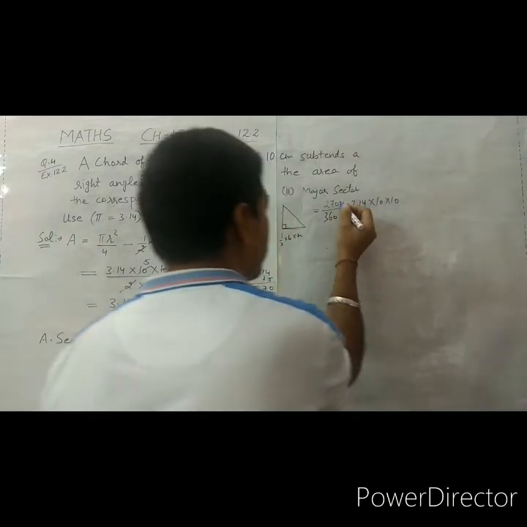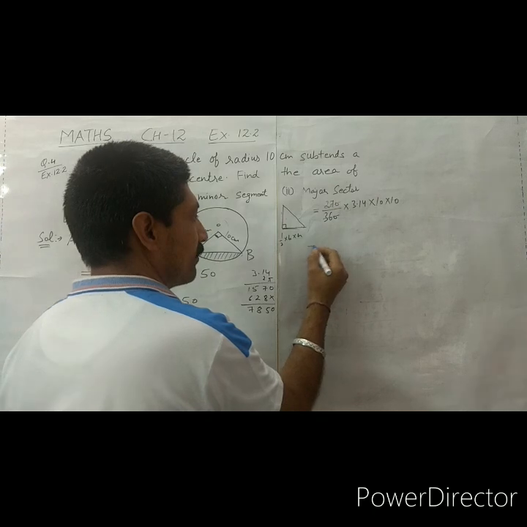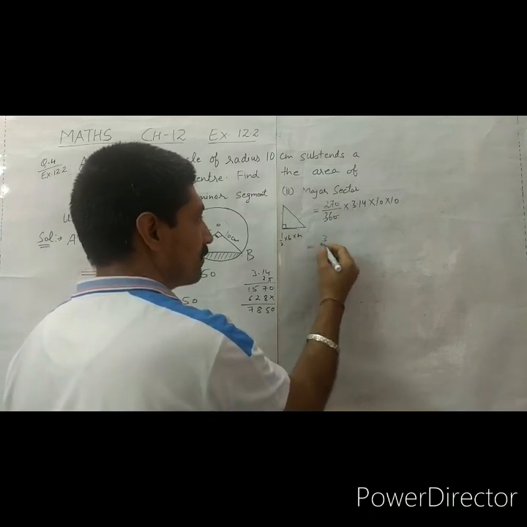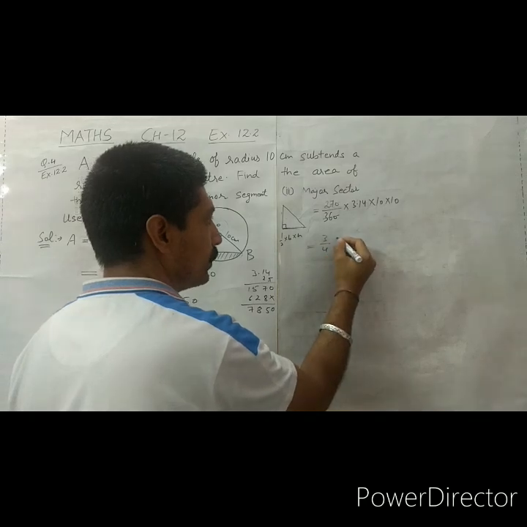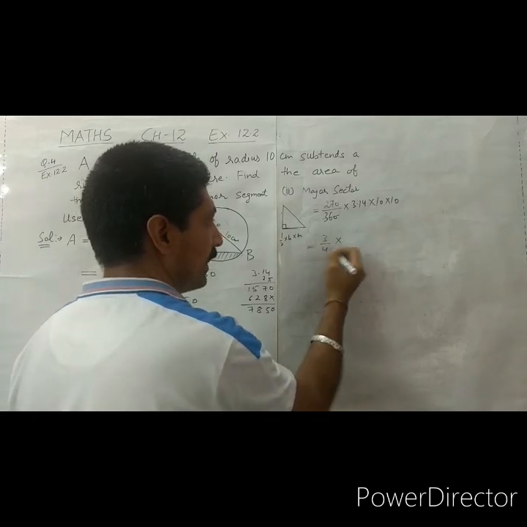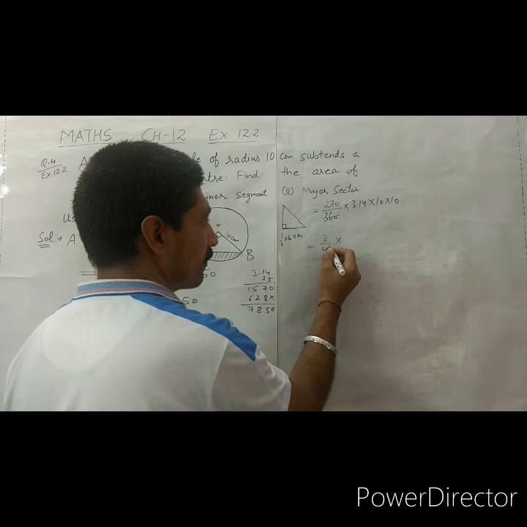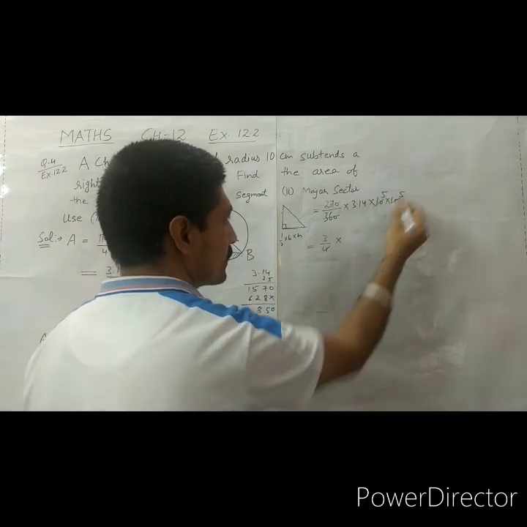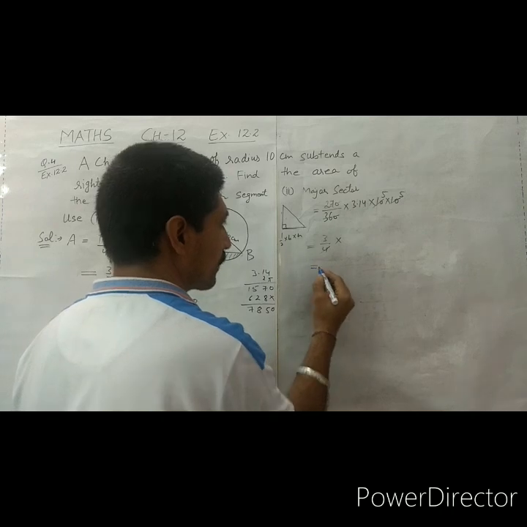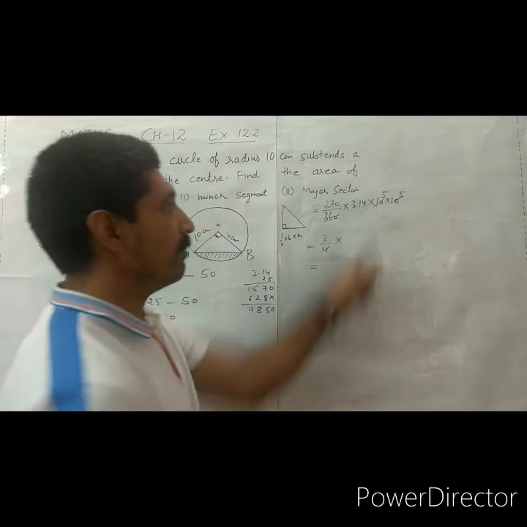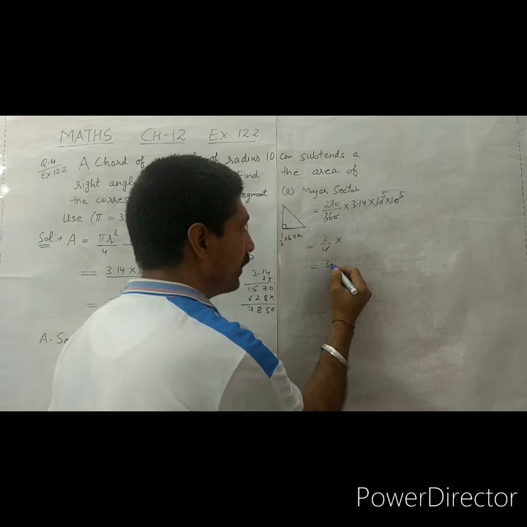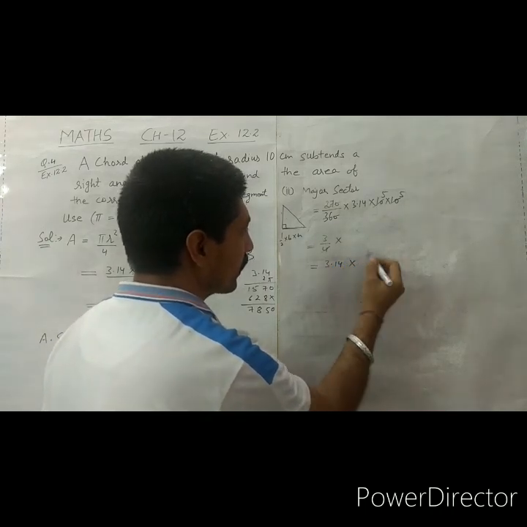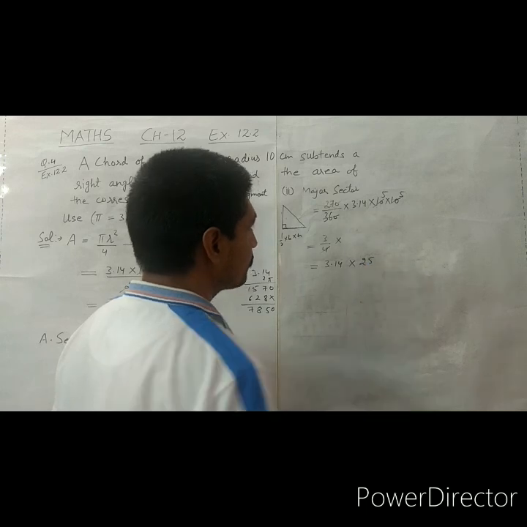So here 9 with 9 we have 0 with 0 and 3 by 4 into, again this 4 we have 5. So we have the calculation which is 3.14 into 25.